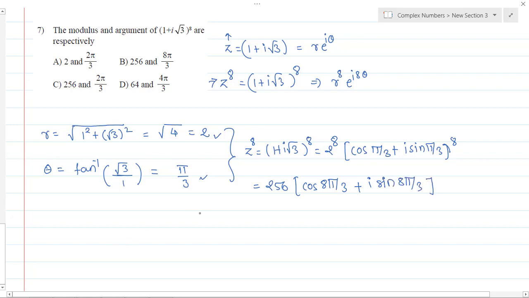Okay, so 8 pi by 3 can be written as 256 into cos of, I am writing in terms of 2 pi now, 2 pi plus 2 pi by 3, because 2 pi into 3 is 6 pi, and 6 pi plus 2 pi is 8 pi by 3, plus i sin of 2 pi plus 2 pi by 3.